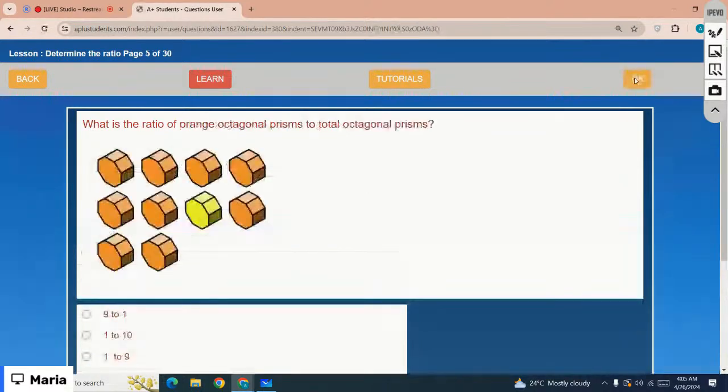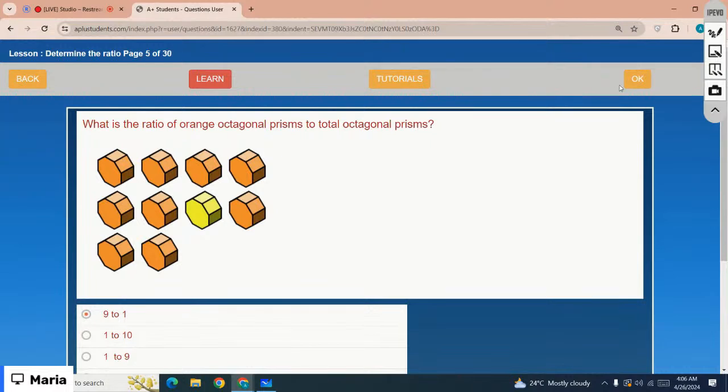What is the ratio of the orange octagonal prisms to the total octagonal prisms, which is the correct option? Orange to total. You have total 10. 9 of them are orange, 1 is yellow.